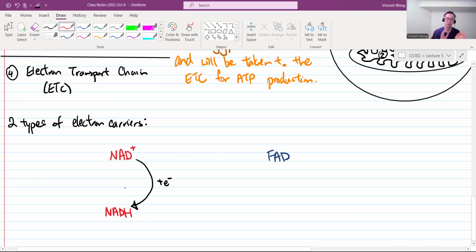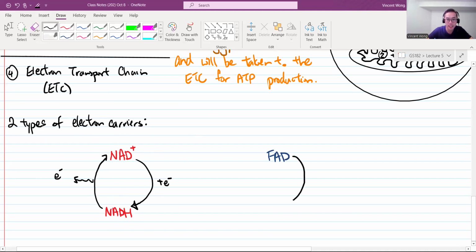We're not going to go into all these details, okay? The H is just around. The important thing is once you put the e- into the NAD plus, then it becomes NADH, okay? And when it gets to the ETC, the electron can get off, and then it will become NAD plus again. Okay? So this is without the electron, this is with the electron.